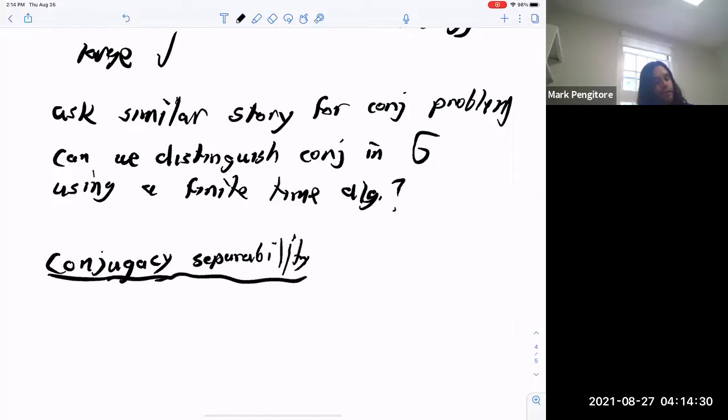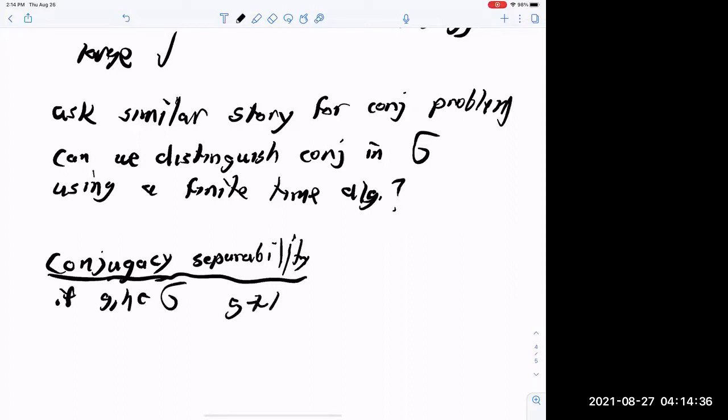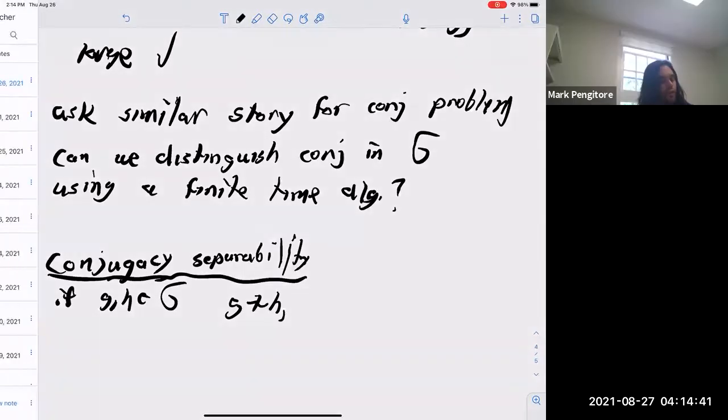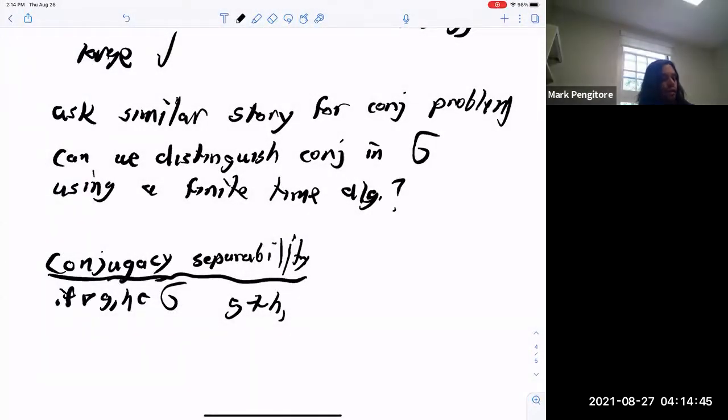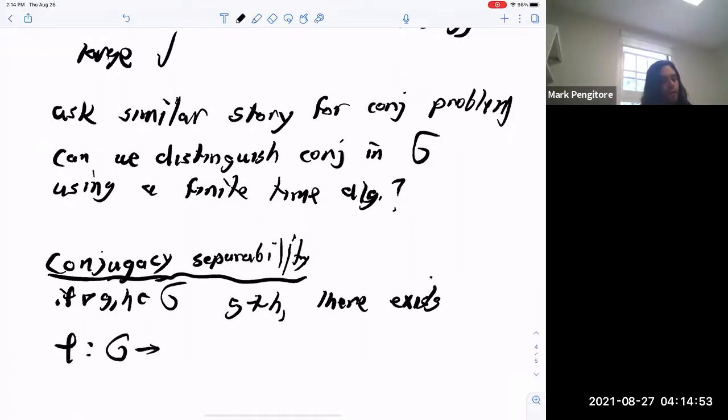And the idea here is that if I have two elements g and h in our group, and g is not conjugate to h, so if for all g and h that are non-conjugate, there exists a surjective homomorphism phi to a finite group where phi of g is non-conjugate to phi of h.